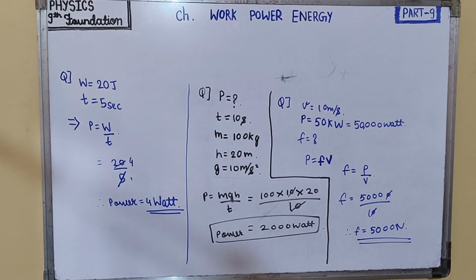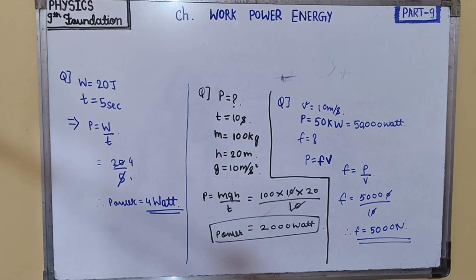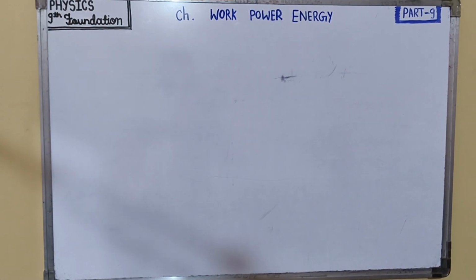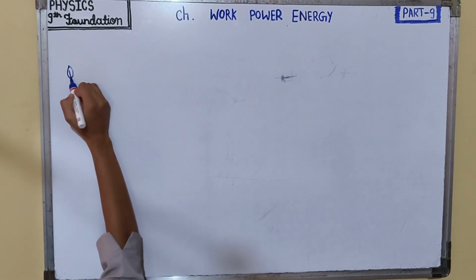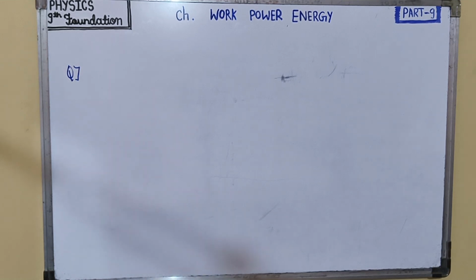Let us move towards the next question. The heart does 2.5 joule of work in each heartbeat. How many times per minute does it beat if its power is 4 watt? So, the given information in the question is the heart does 2.5 joule of work in each heartbeat.